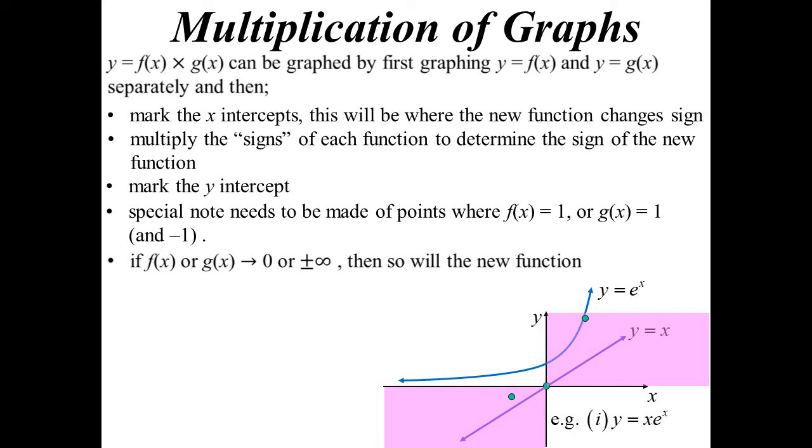If one or the other of the functions approach 0 or infinity, so will the new function. And when you've got 2, have a look at this on the left-hand side, the exponential is approaching 0, but y equals x is approaching infinity. So what's it going to approach? You've got 0 times infinity. Well, what on earth is that? This is where an idea called dominance comes in.